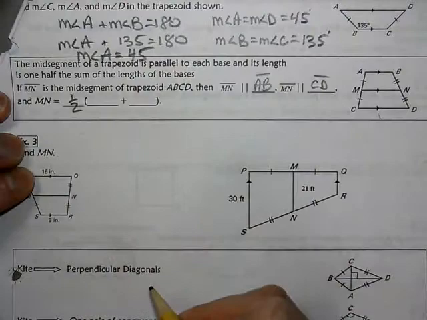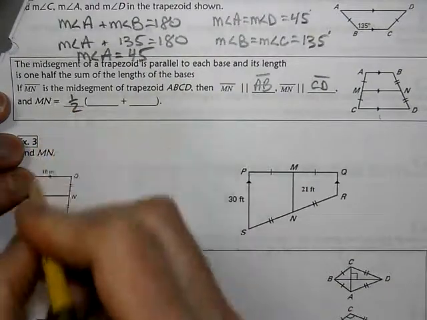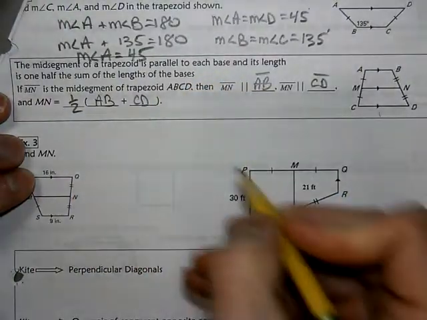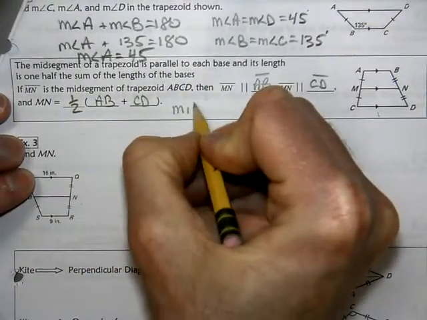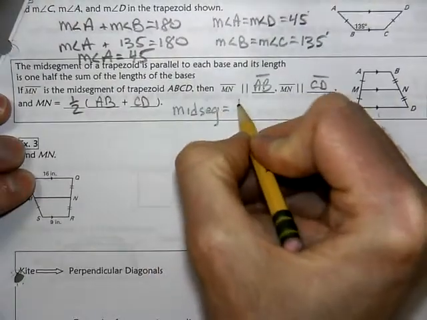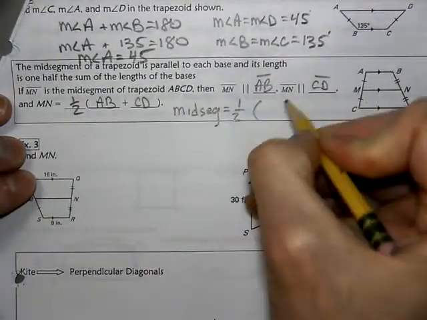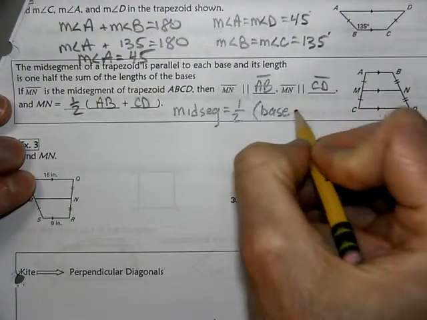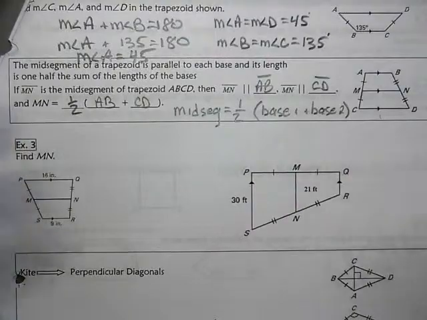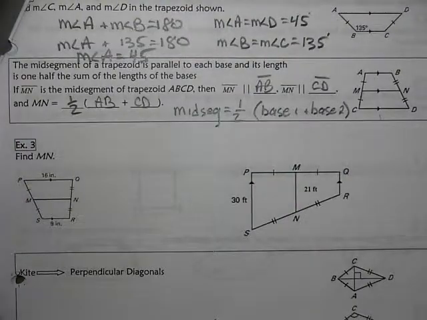The mid-segment equals half of AB plus CD. The mid-segment equals half of base 1 plus base 2. That's the generic formula that you would use.